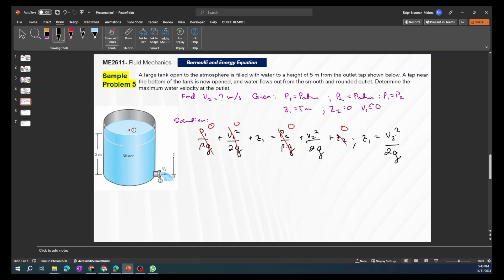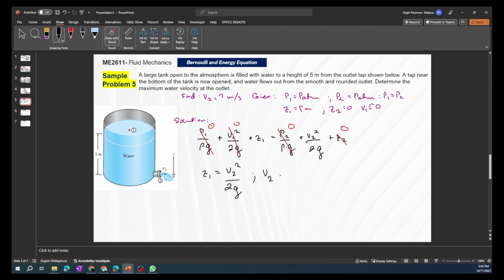And guess what? That's what we need. So, actually, let's put it here. And if we arrange that further, we can now find V2 here.